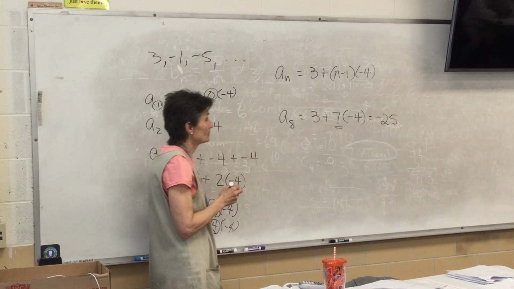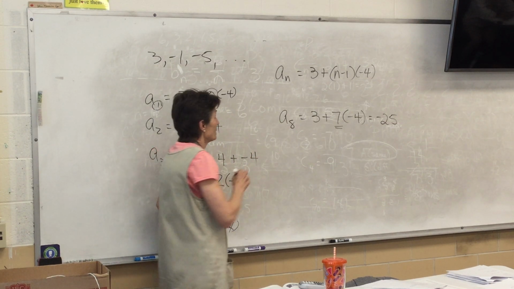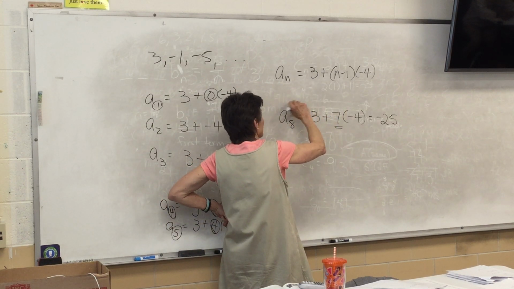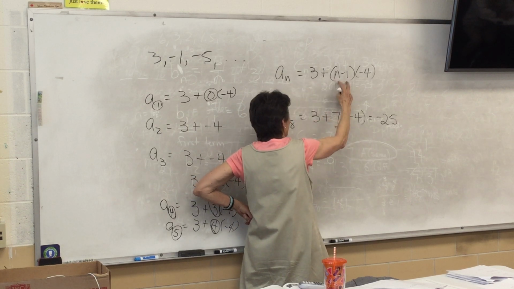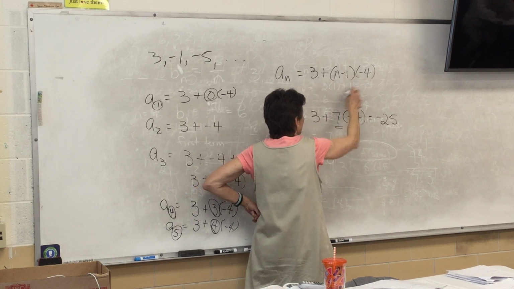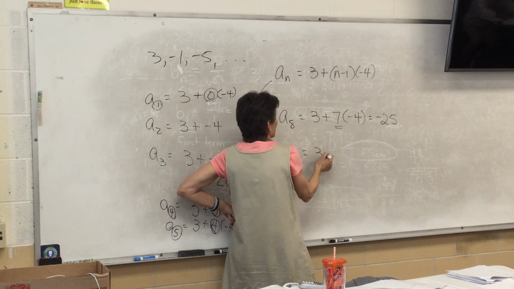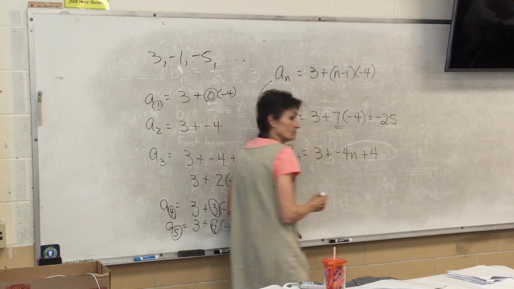Now, whatever term I'm looking for is going to be 3 plus 1 less negative 4s. Well, let's clean that up a little bit. 3 plus negative 4n plus 4.